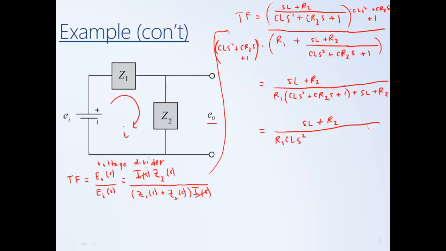If I distribute the R1 to this term, I'll have an S term, and I also have this S term. So I have C times R1 times R2 plus L, where I factored out the S. And I distribute this R1 times 1, that'll be a constant, and then I'll have this R2, which is a constant.